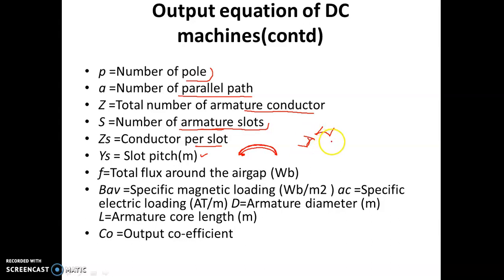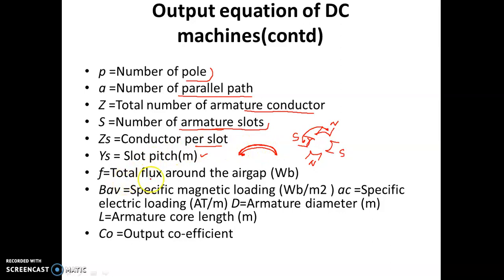As you know, if one pole is north, then the next will be south, then north, then south. So this distance from north to south is called the pole pitch.